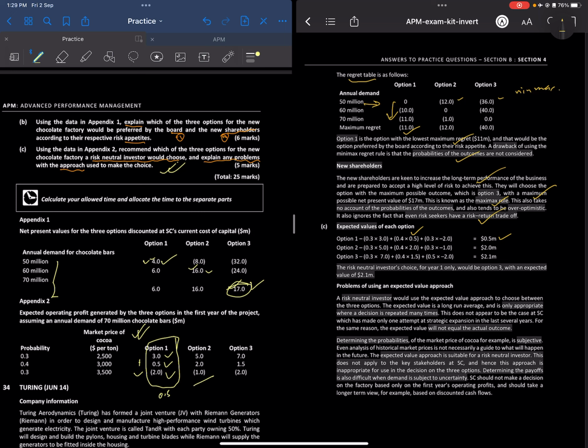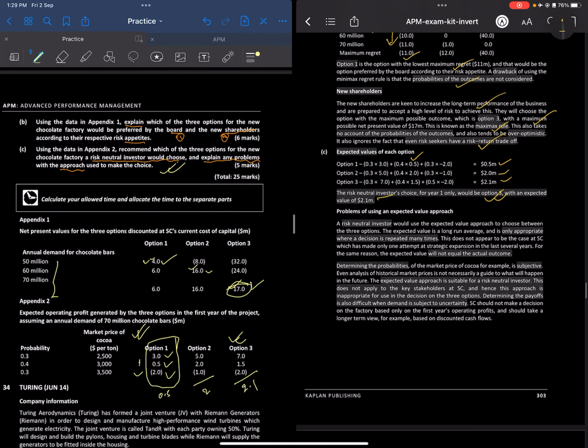Again, in the second one, it will give us a value of 2. In the third one, it will give us a value of 2.1. Right, so they will choose the maximum among these, so the risk neutral shareholders or investor will choose 2.1 billion, which would be option 3, right?